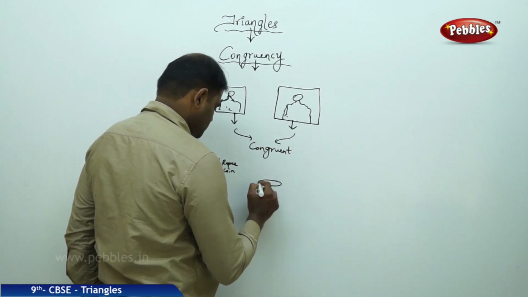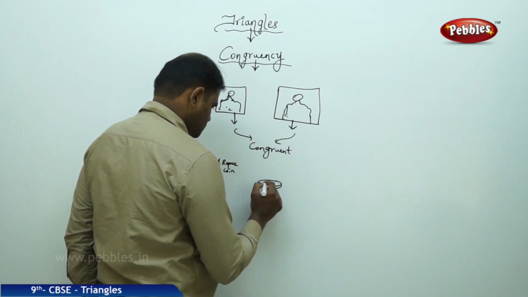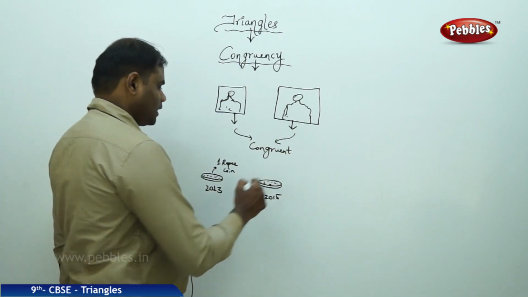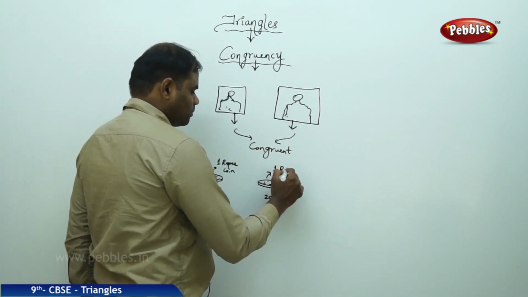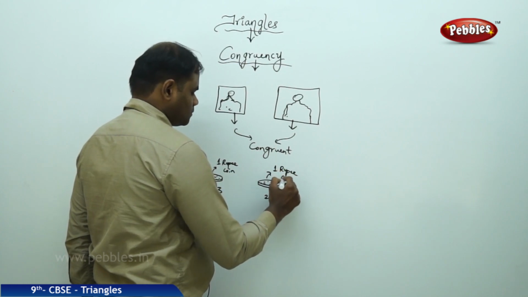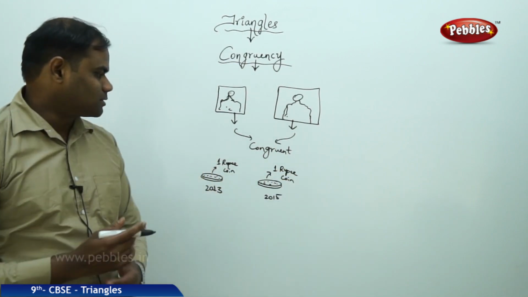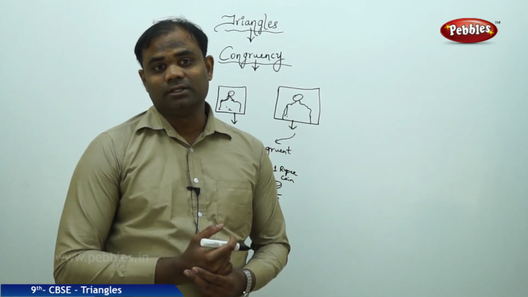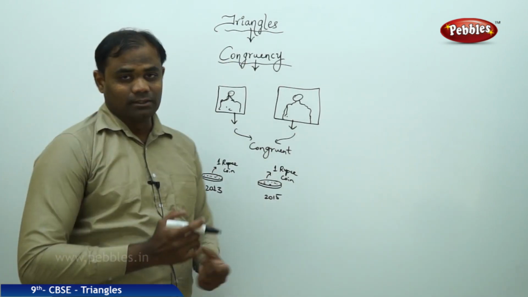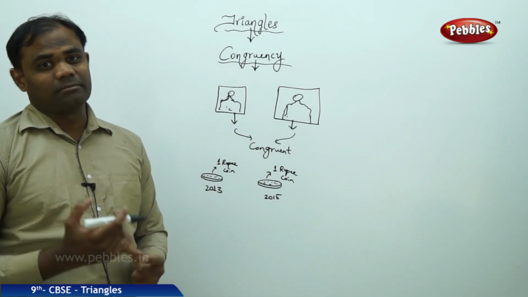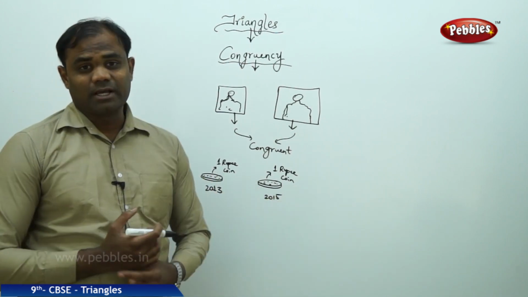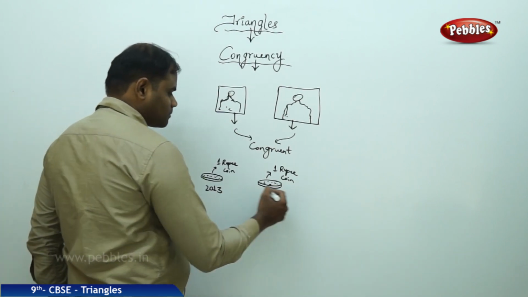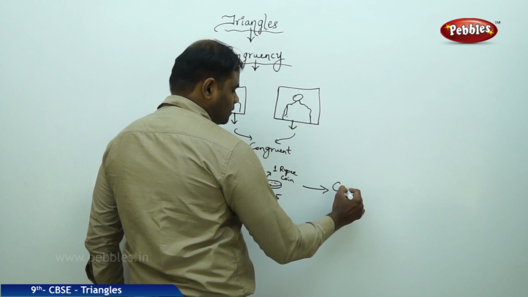These two coins are said to be congruent to each other, because when I put one coin over the other, the thickness and the size are the same. And when we look at them side by side, I only see the year being different, but the coins are the same.